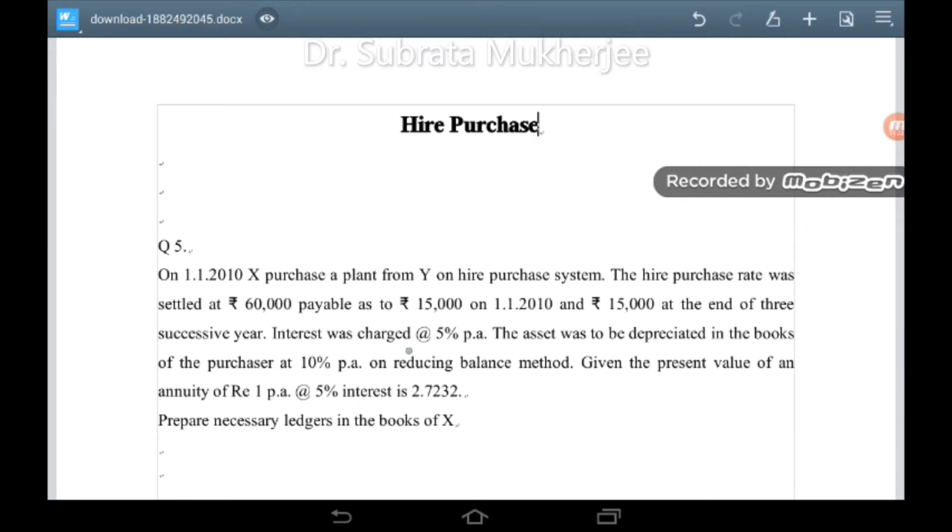Interest was charged at the rate of 5% per annum. The asset was to be depreciated in the books of the purchaser at 10% per annum on reducing balance method. Given the present value of an annuity of rupee 1 per annum at 5% interest is 2.7232. Prepare necessary ledger in the books of X.